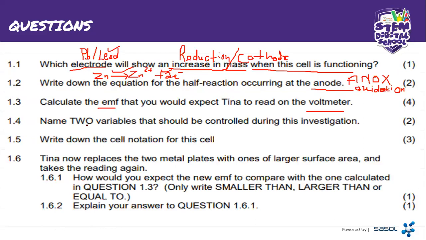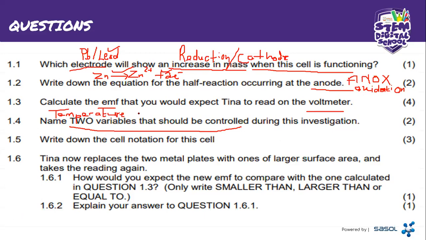Then name 2 variables that should be controlled during this investigation. Now, if you want that EMF, for example, to always remain the same, then you need to control the conditions altogether. It means the variables that must be controlled are the variables that must be kept constant, meaning they mustn't change, right?